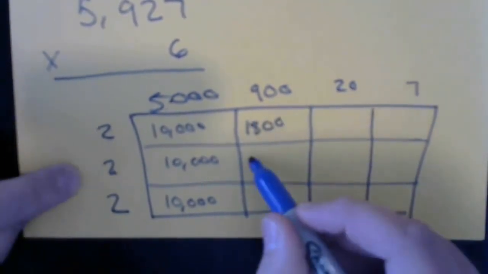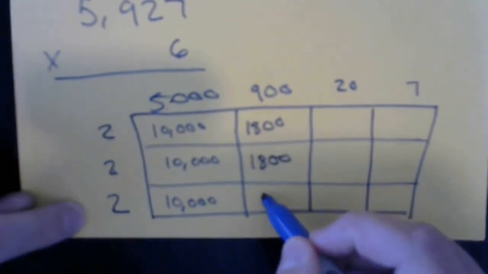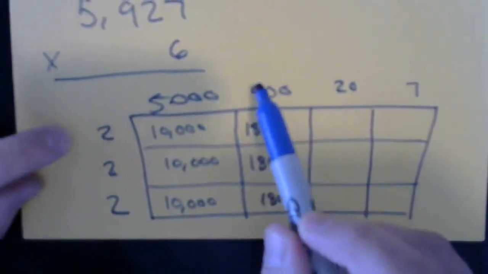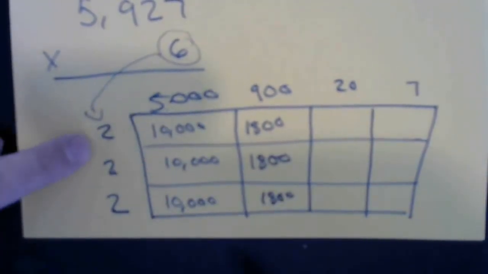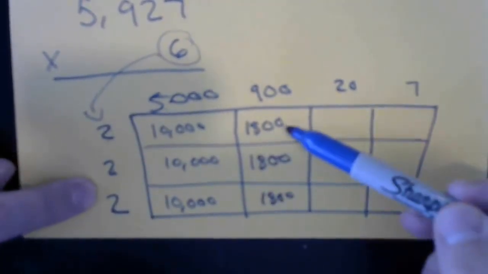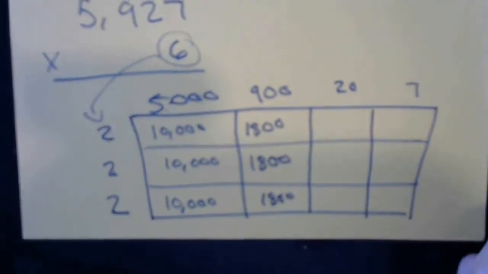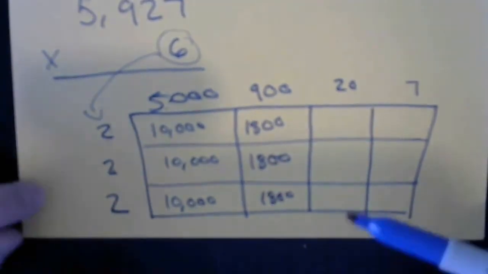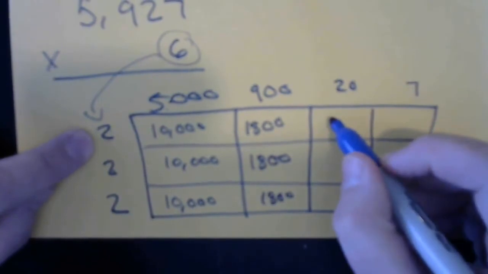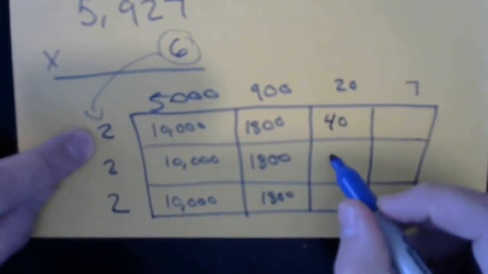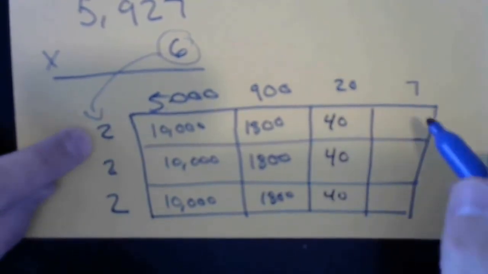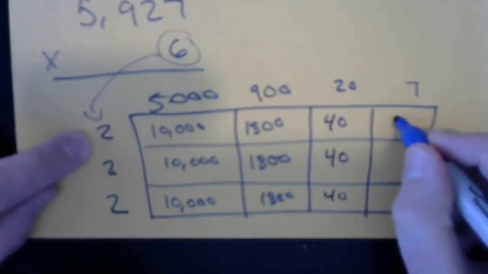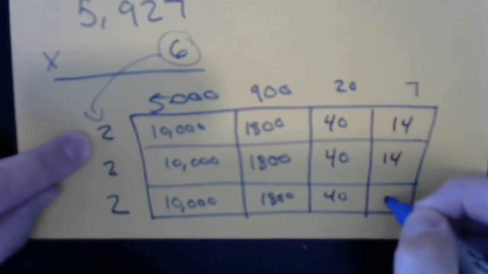I can put those 1,800s in there 3 times, because my original number was times 6, but I changed it into 2 plus 2 plus 2. Now the next one over is 2 times 20 is 40, and I can fit in 40, 40, and 40. And then 2 times 7 is 14, 14, 14.